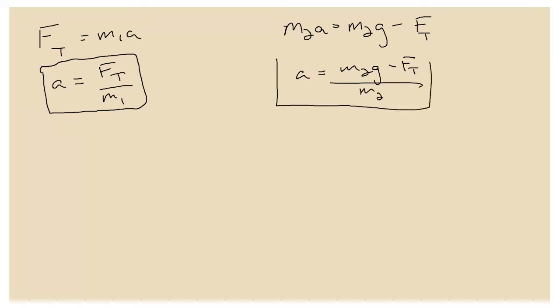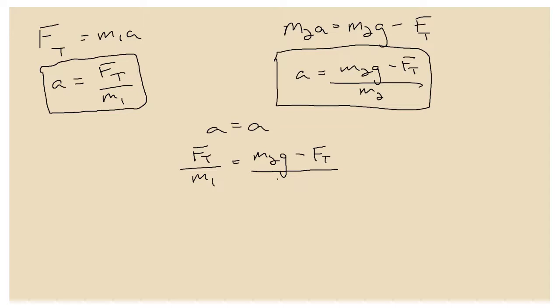And so if we take these equations, both solved for a, and we set the accelerations equal to each other, we get Ft over m1, that would be this equation, equals m2g minus the tension over m2.